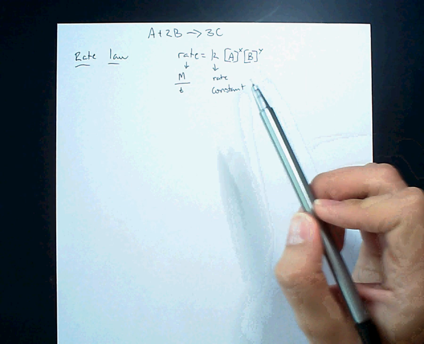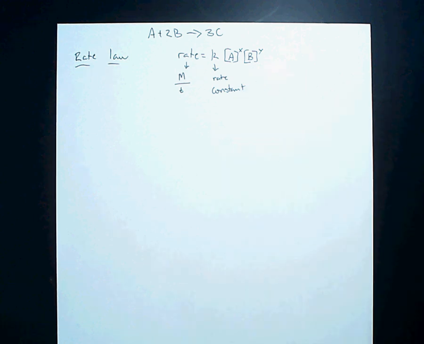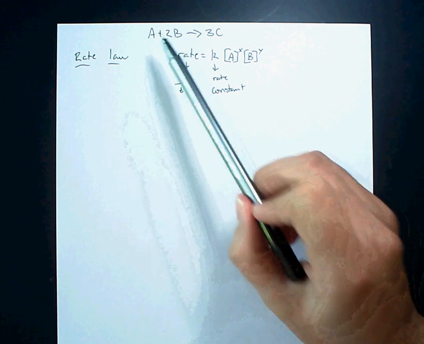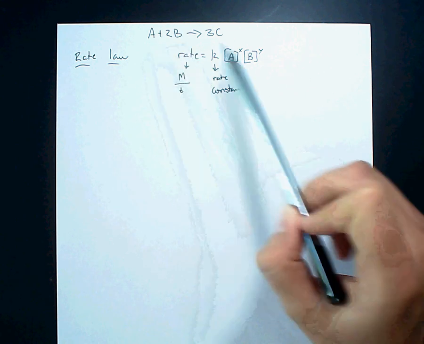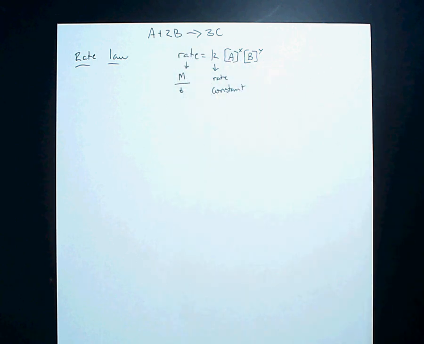The cool thing about rate laws is that it all comes from experimental data. You can't look at this reaction at the top here and say this is going to be a 1 and that's going to be a 2. You can't do that. You have to have other data to tell you what the rate law is and what they call rate orders: zero, first, and second order. You can't just look at a reaction.